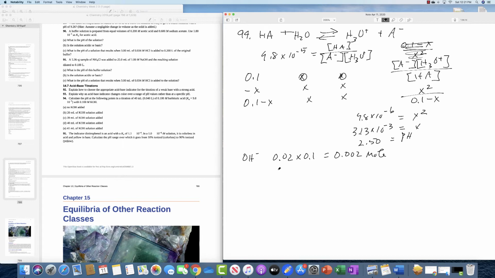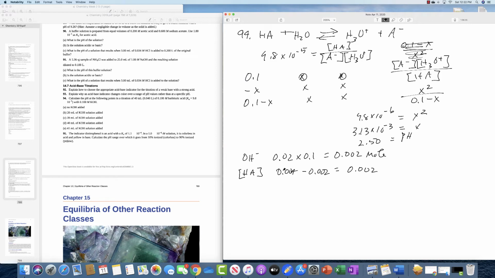So if we do that, that means the HA amount is now 0.04 times, and then minus 0.02. And so that's going to be 0.002 moles of this.